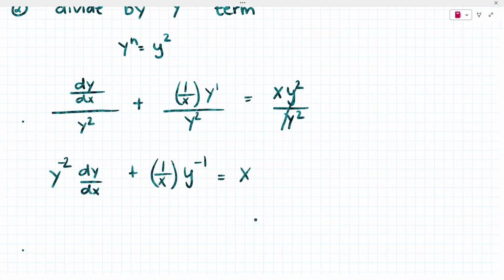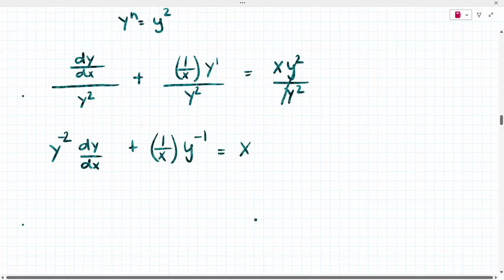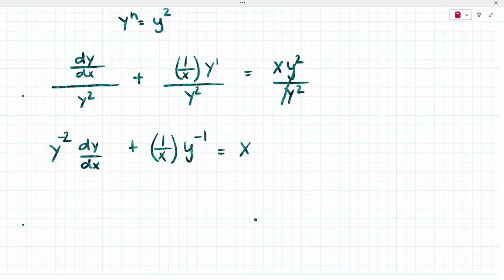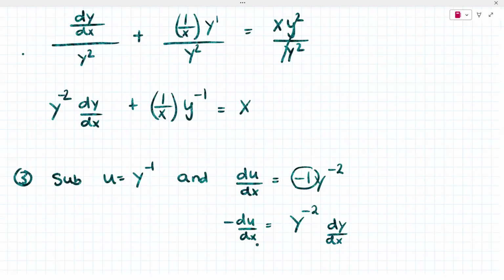Now we have this. Now what is step 3? You're going to substitute u equals y to the negative 1, and du dx equals the derivative of u.